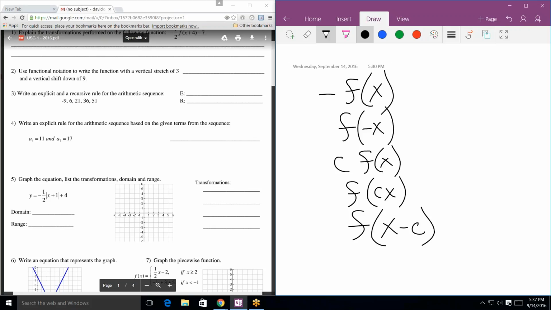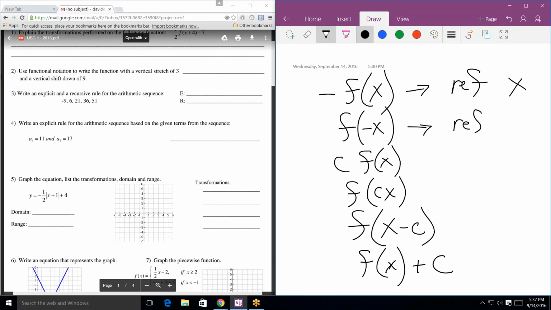C is just some number. Okay? So tell me what number 1 means. Or the top one. Wouldn't that be a reflection over the x? What's the second one mean? A reflection over the y.